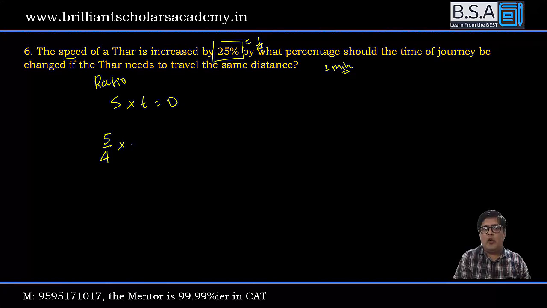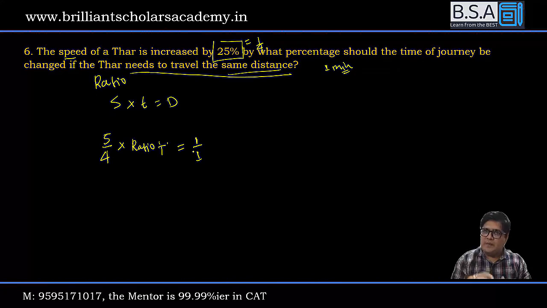Now, I do not know what will be the ratio for t, but the vehicle is traveling same distance. Something that does not change will have ratio 1 by 1. Something that does not change was same earlier and is also same now. So ratio will be 1 by 1.